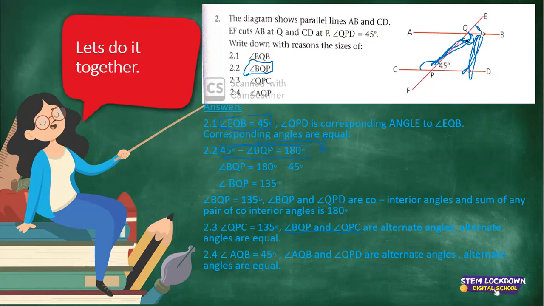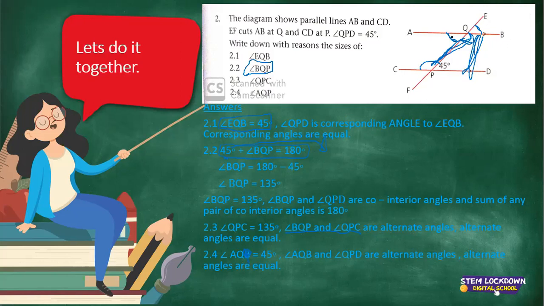Let's go to angle AQP, not AQB, angle AQP. Our angle AQP is from here, A, Q, and P, which forms an angle just right here.